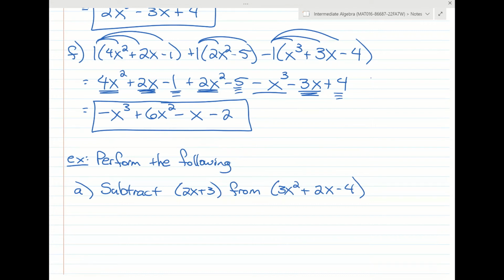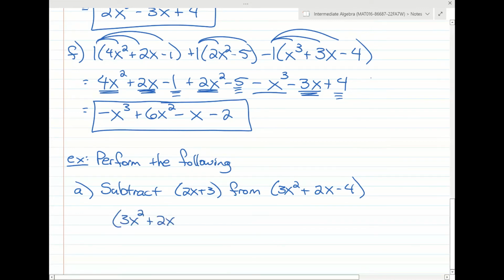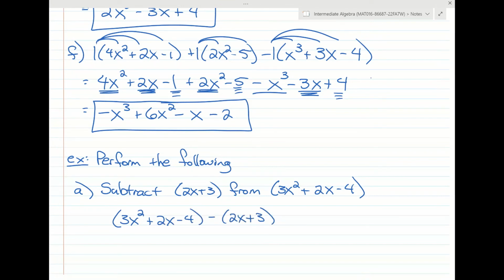If I asked you to subtract 2 from 10, what you would do is 10 minus 2, right? So when you subtract, you put that second. So this is kind of like the problems we just did, 3x squared plus 2x minus 4. So we're subtracting 2x plus 3. So we just have one extra step to set it up, distribute the numbers in front.